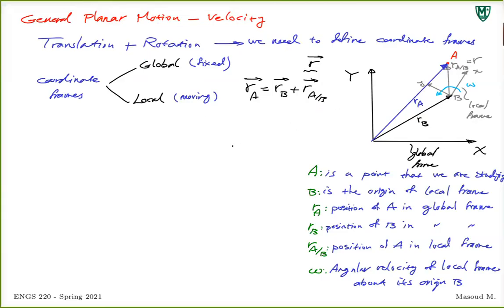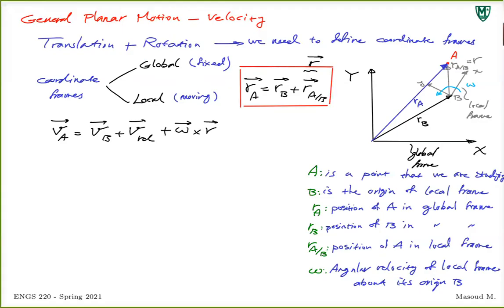If you take derivative, I won't go into details, if you take derivative with respect to time from this vector relationship, you'll get VA is equal to VB plus V relative, I'll tell you what that is, plus omega cross R. That's the cross product I was talking about. This is the important equation for the velocity that we're going to work with.